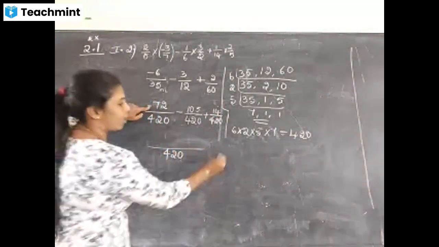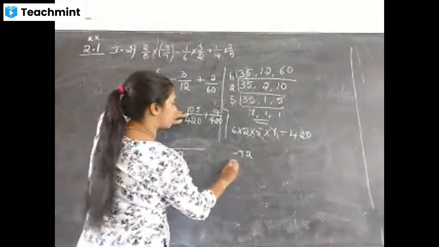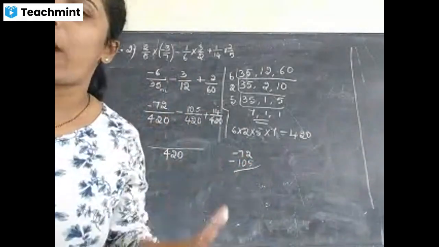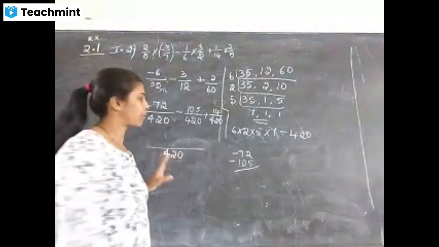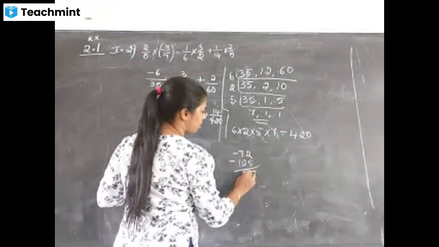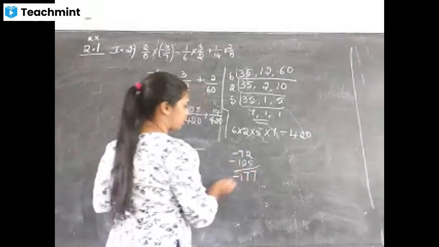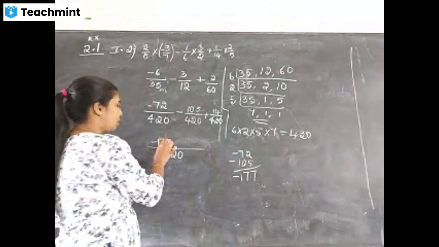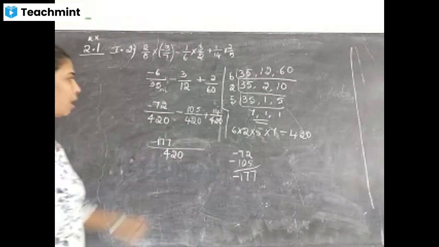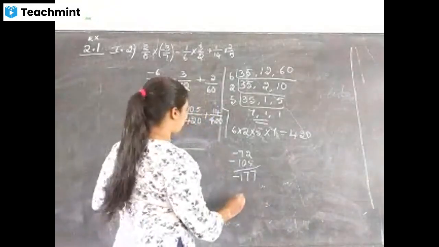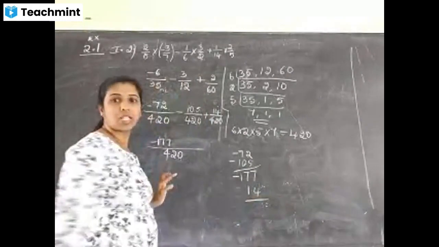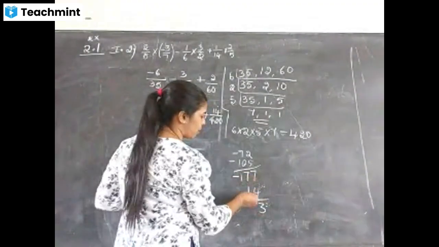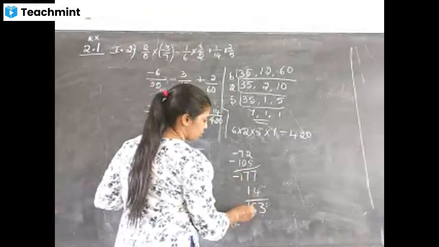Now first, look here: minus 72 minus 105. Both are minus, so we have to add and keep the bigger number's sign. 7 plus 5 is 12, 7 plus 1 plus 1 is 9, 1: minus 177. Then plus 14. Plus 14 and minus 177, so we have to subtract. 7 minus 4 is 3, 7 minus 1 is 6, 1.